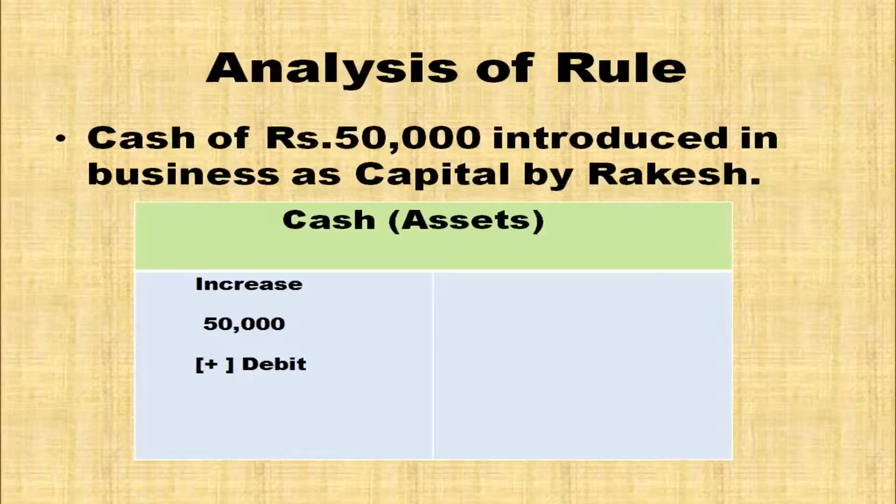So Rakesh's capital account is credited, and cash account is debited in this transaction. Why are we debiting cash account? Because of the rule for asset: cash is an asset, and when an asset is increased, it is debited. So cash account is debited and capital account is credited.